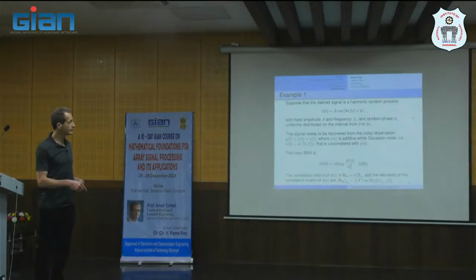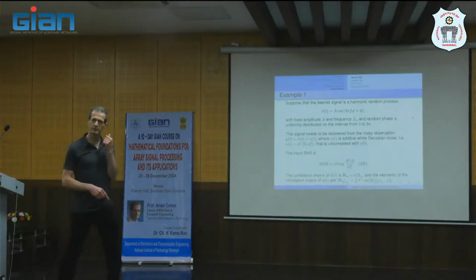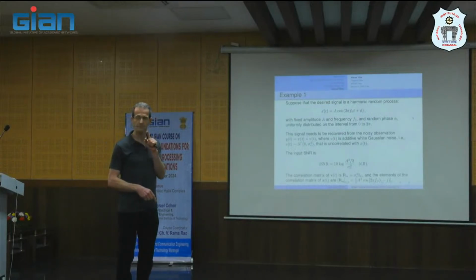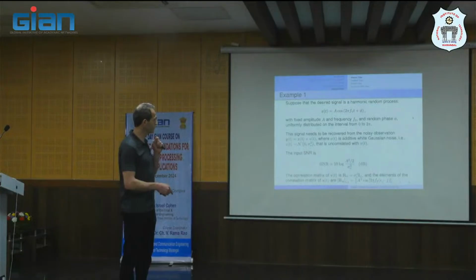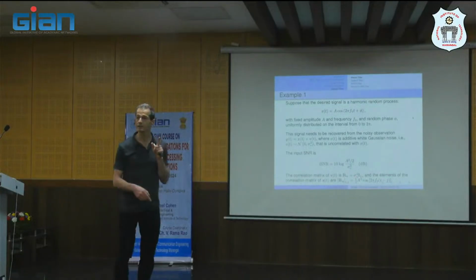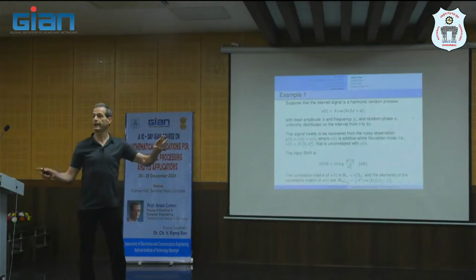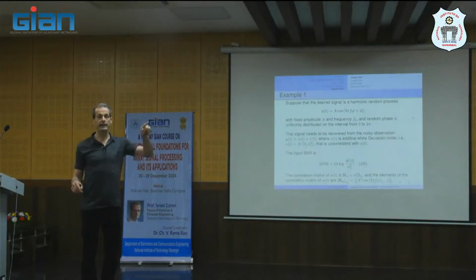So this is the correlation, which is very nice here, because if we know that the noise is white, we put zeros except the diagonal, and along the diagonal, if the noise is stationary, we can put the same value.